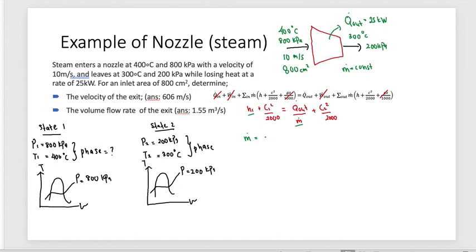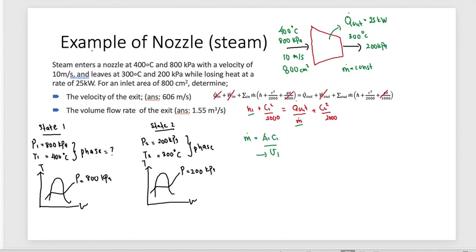So M dot is A1 C1 over specific volume 1. So I have to know specific volume 1. How to find this property?